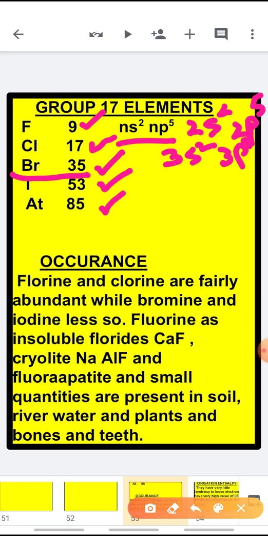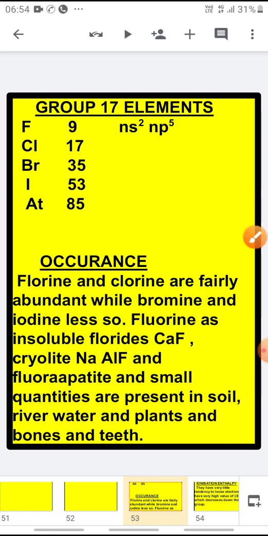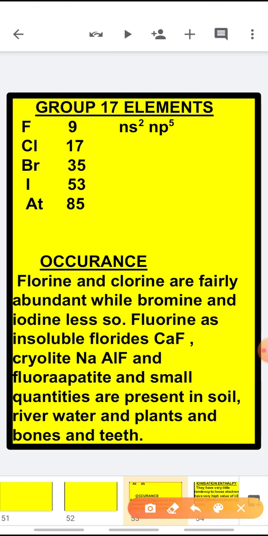So after this is 3d10, 4s2, 4p5 and so on. So the general electronic configuration is ns2np5. You all know that we can accommodate only 6 electrons in the p subshell, but there are 5 electrons. That means they have 1 electron less than the stable configuration.